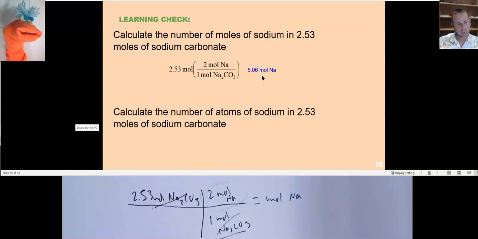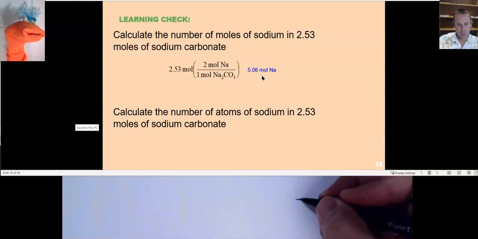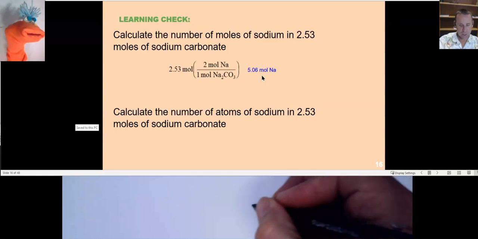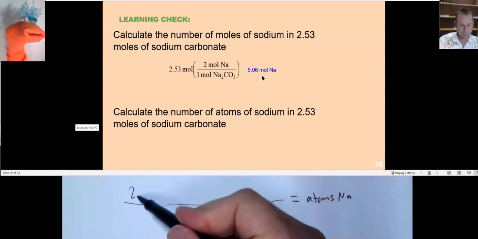Okay? Now, if we wanted to calculate the number of atoms of sodium, what would we do differently? Atoms of sodium would go to the right of the equal sign. Good. Atoms of sodium will go to the right of the equal sign. I start with, again, moles of sodium carbonate.